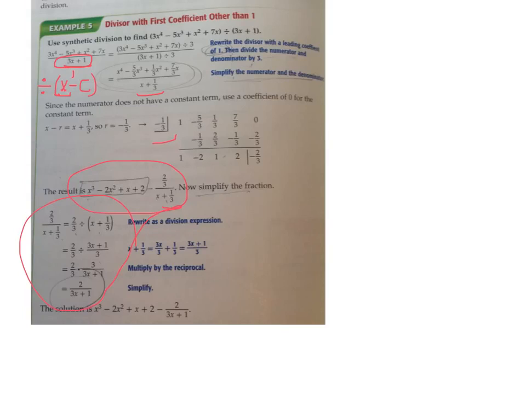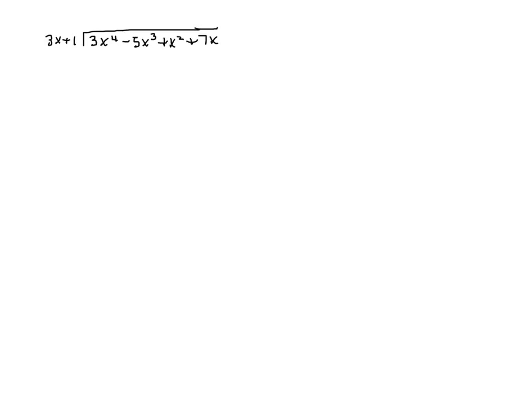So let's discuss this on a different screen. What they don't show you in this example is that you could just do this problem with regular long division. So we're going to start there. If I use regular long division, I would say, all right, 3x multiplied by what gives me 3x to the 4th, and that's just x.